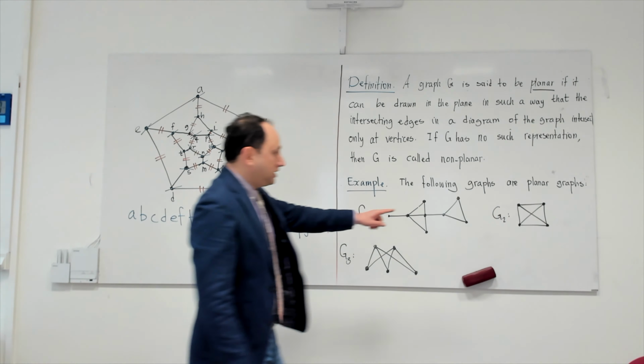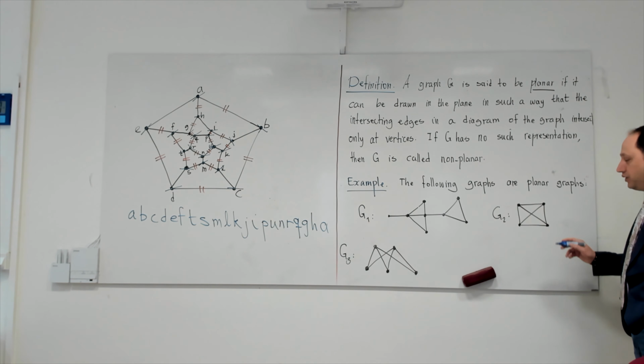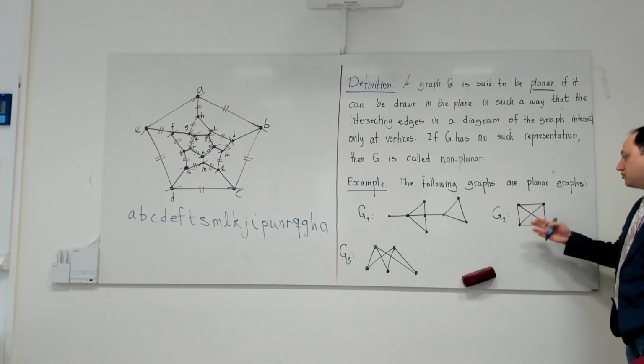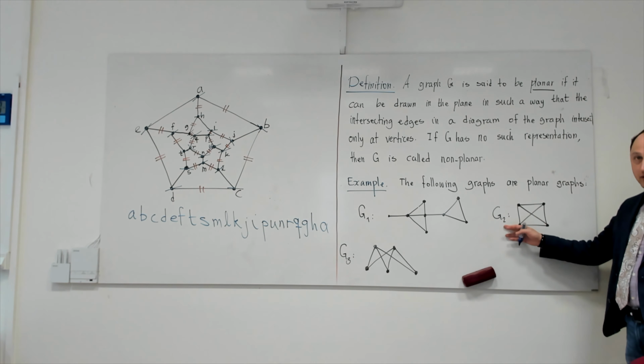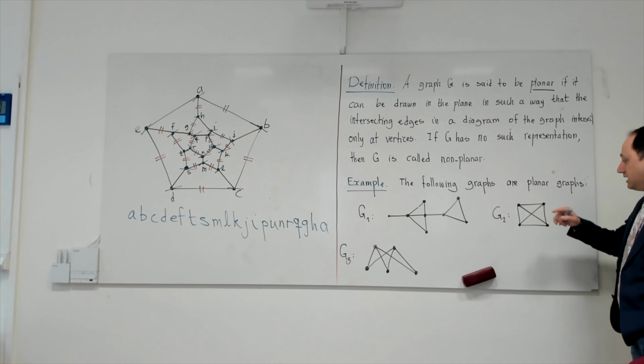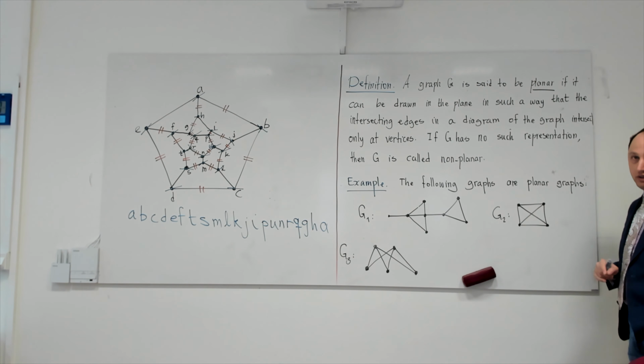This representation is not the planar form of that, but can I change it to an equivalent, which is called an isomorphic graph? Can I draw a graph which is isomorphic to G2, but we do not see this intersecting point between these two edges, which is not actually a vertex?